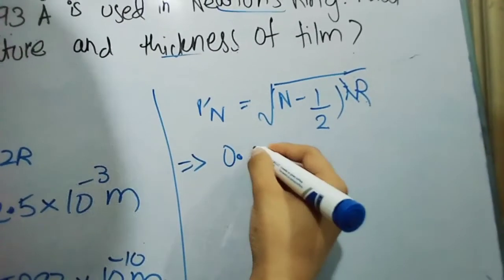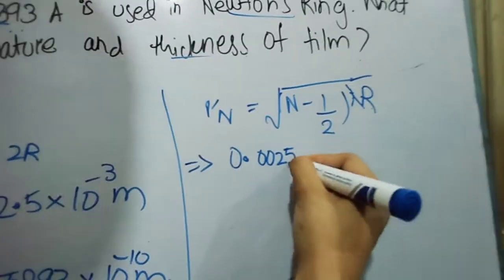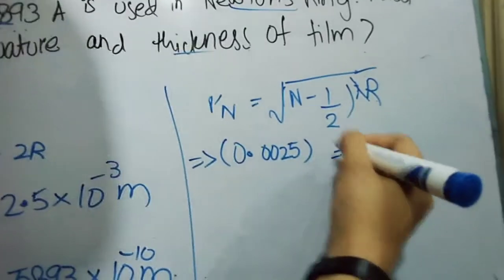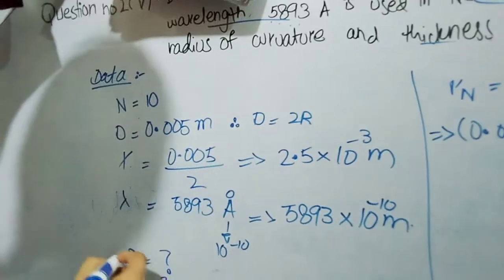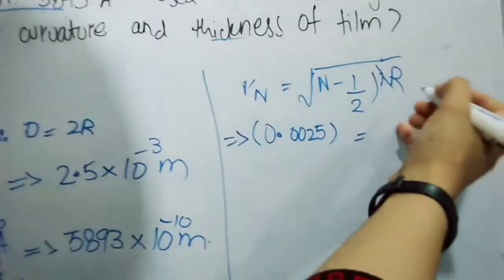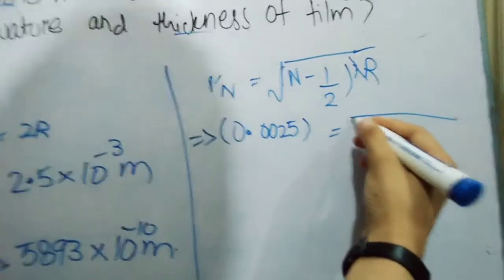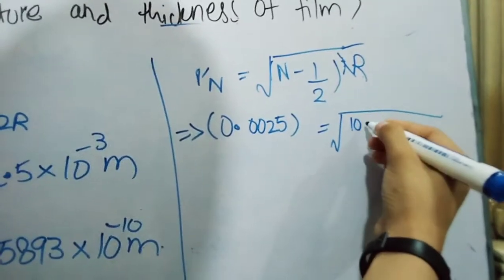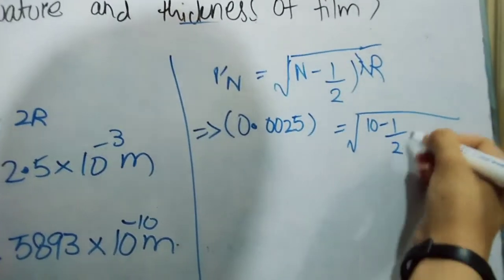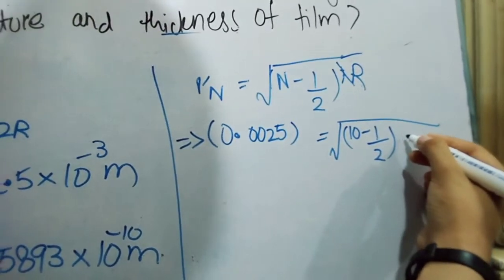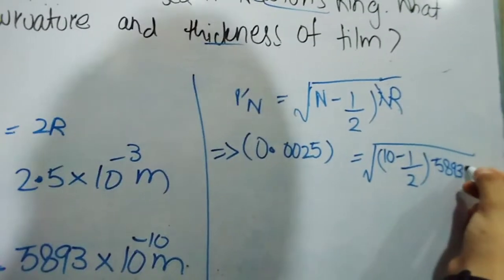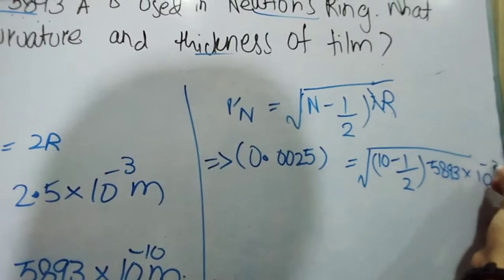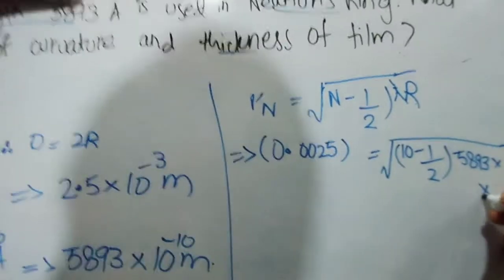Now this is 0.0025, and you should denote this r with the small n, as this r is for the capital N. Now the value of N is 10 minus 1/2, and lambda is 5893 into 10 to the power negative 10. I know it's getting messy, I'm sorry for that. I don't have much space on this board.